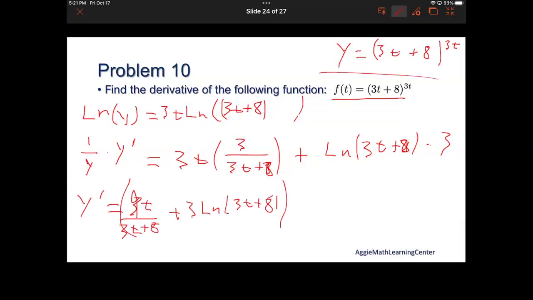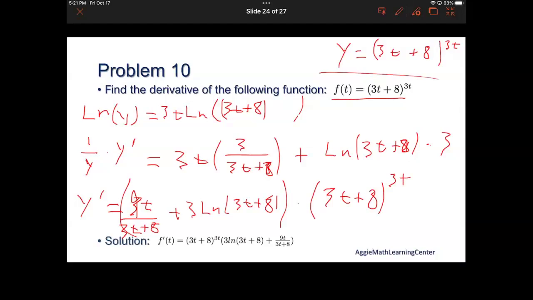But if you remember, y is equal to this (3t plus 8) to the 3t. So we multiply by (3t plus 8) to the 3t. Cool. And I really hope that expression says the exact same thing. It does. Brilliant.